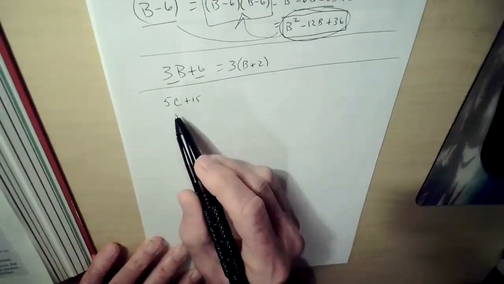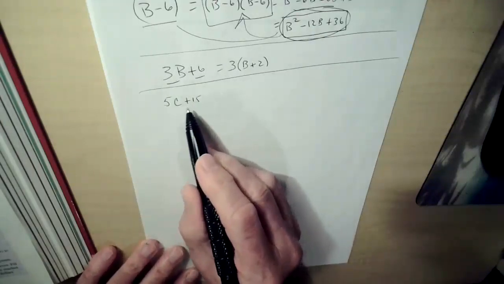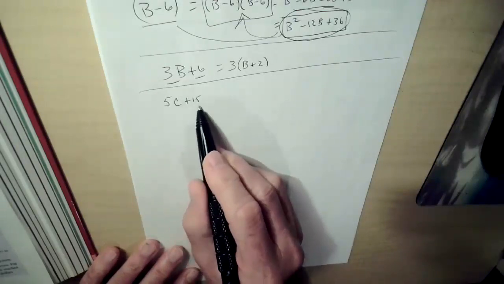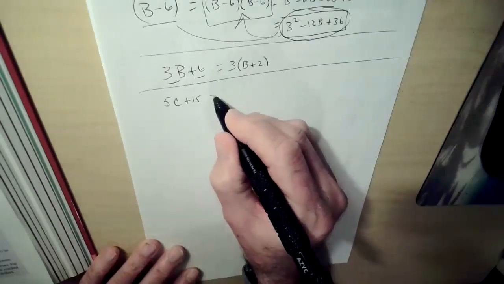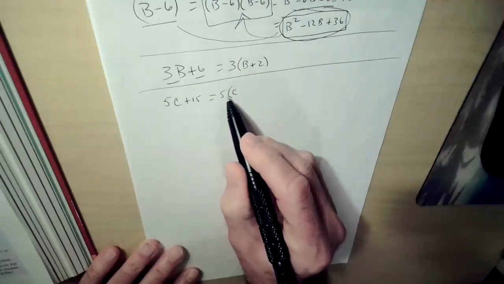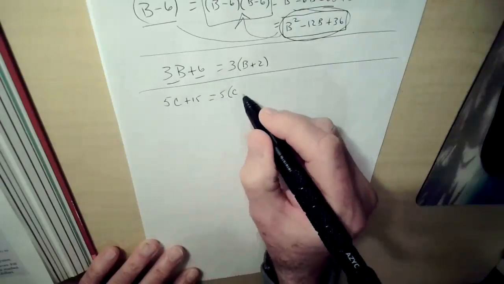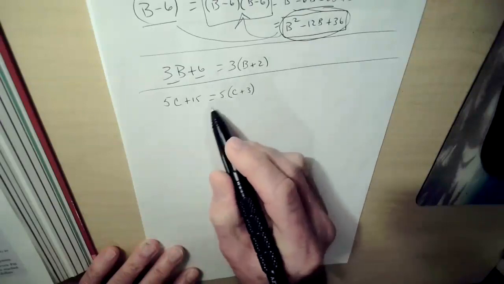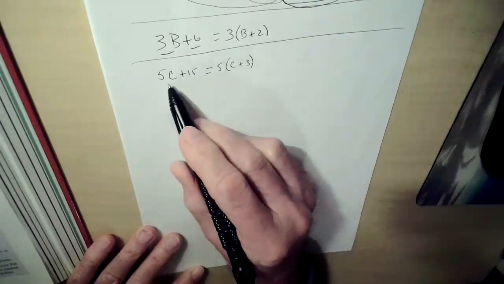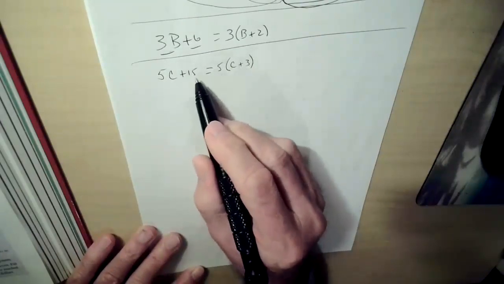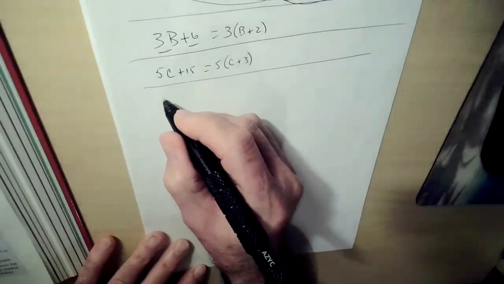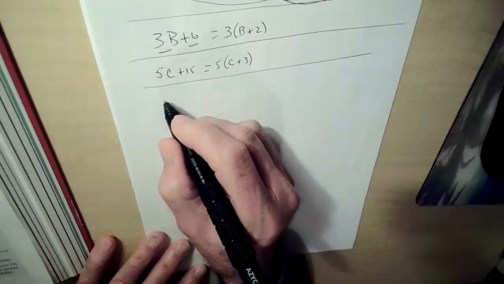If we have 5c plus 15, again, what factor or number is common to both of these? 5. Right, so it's 5 times c. 5 times c is 5c, and 5 times 3 is 15. Now do it backwards also. It only takes a second. 5 times c is 5c, 5 times 3 is 15. So we're correct.